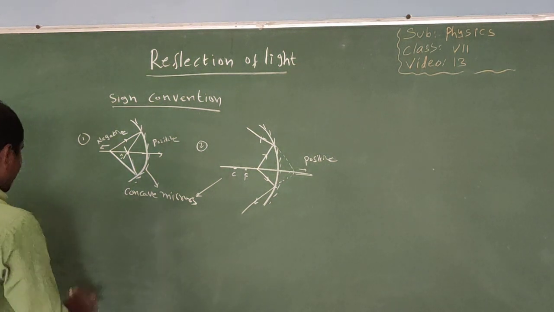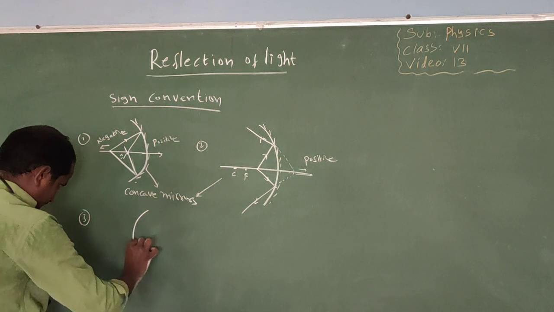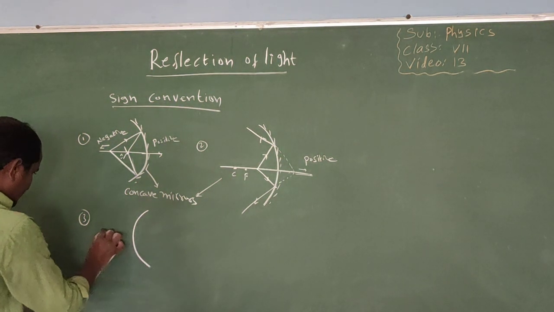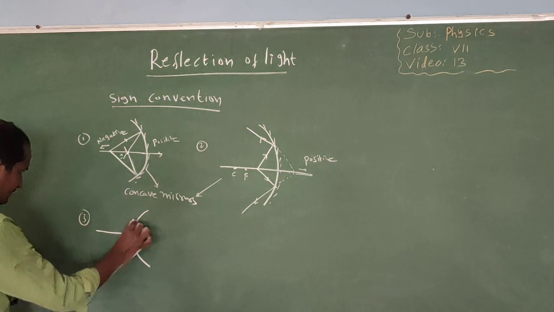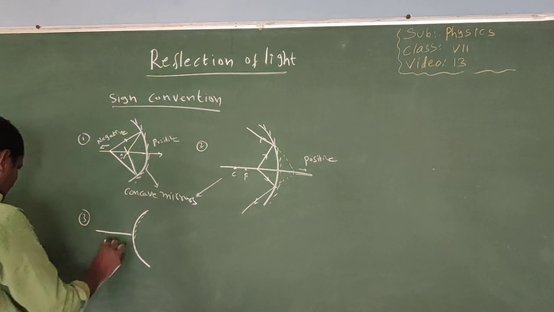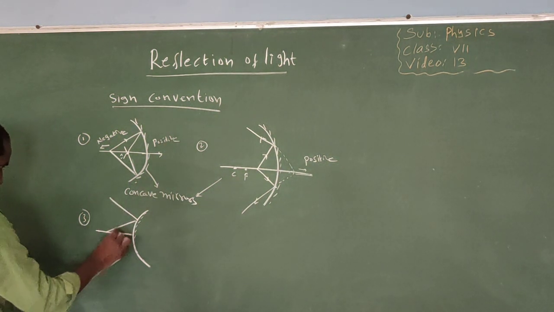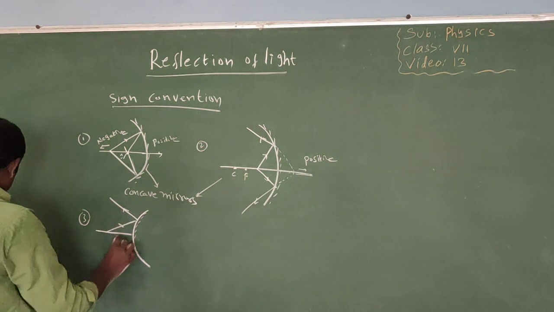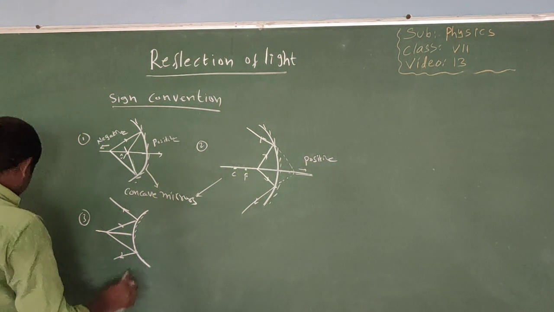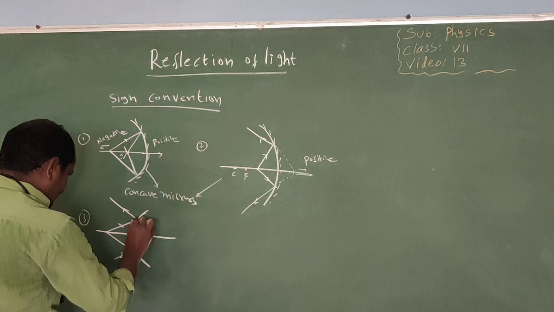For the convex mirror, sorry, I said concave, it is a convex mirror. This is the incident ray and this is the reflected ray. The image is here.